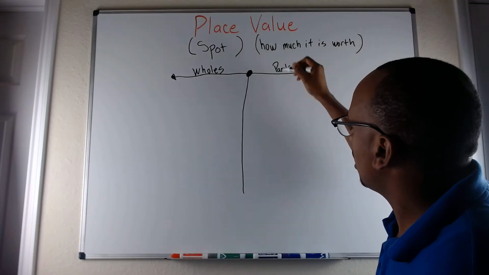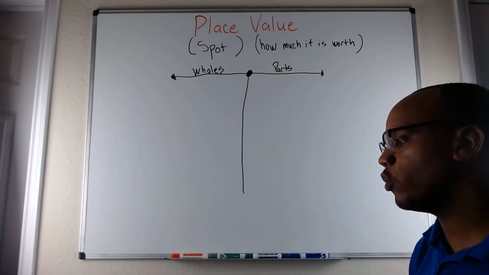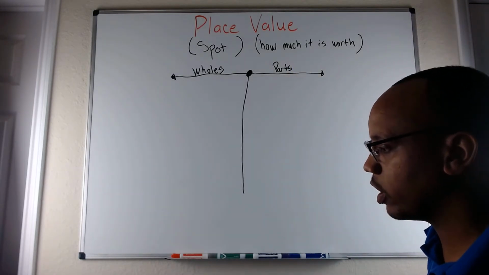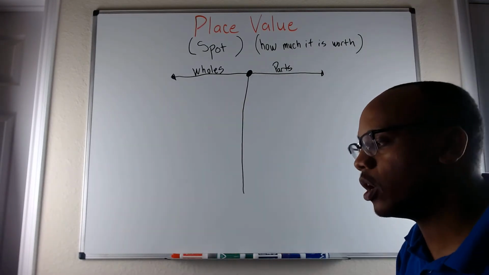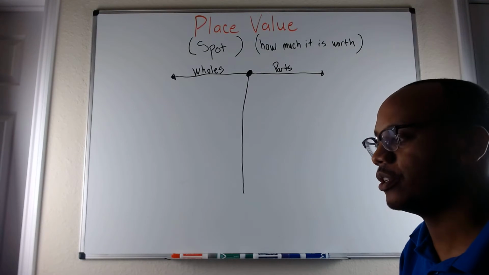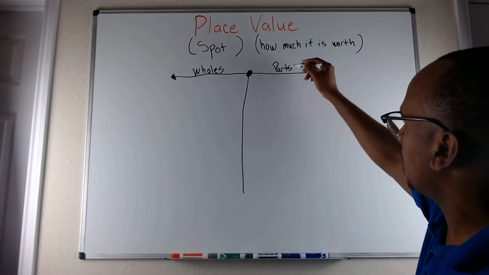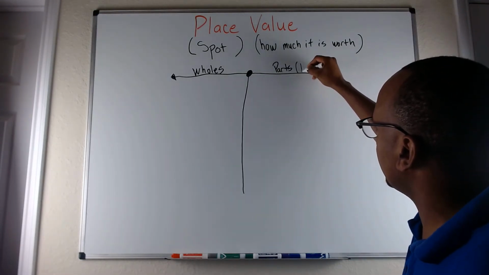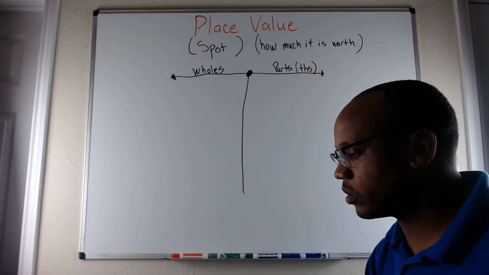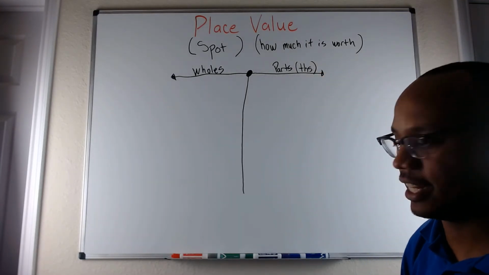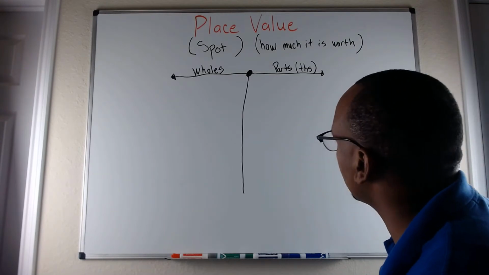All right? Now, you know the difference because the whole numbers, if you see them in words, they just end in S. Ones, tens, hundreds, they just end in S. But the parts actually end in THS. Those identify the part side that you're dealing with when it comes to decimals.